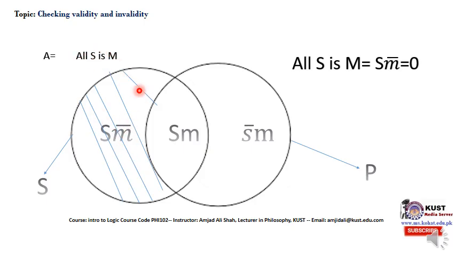Here are the members which are not included in the class of musicians, so we will have to shade it. By shading we mean making a class empty. Imagine this is empty, so all the sportsmen will be in the class of musicians.